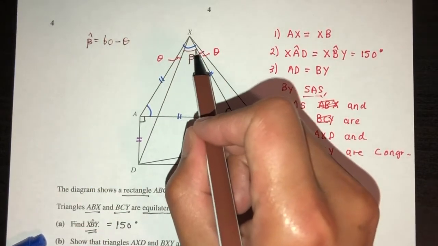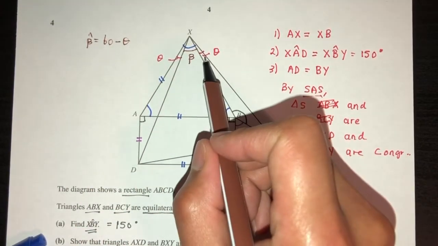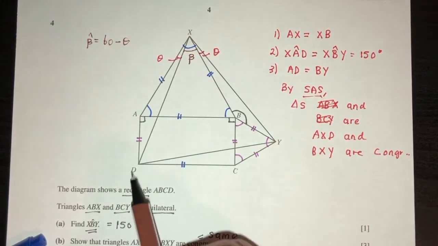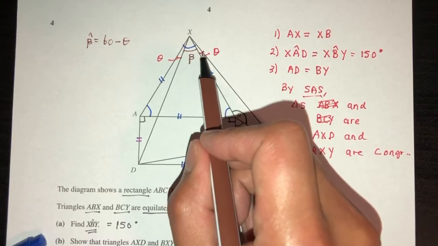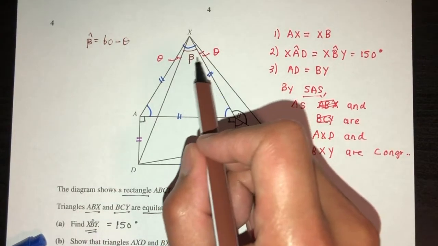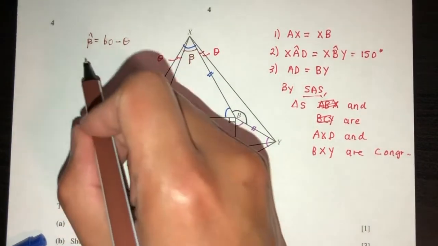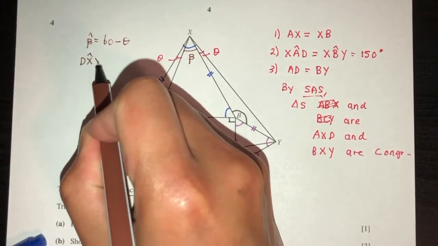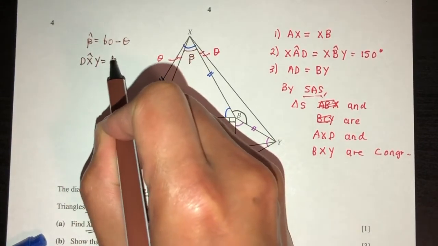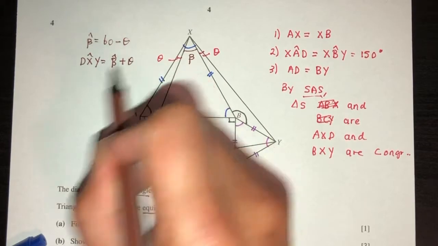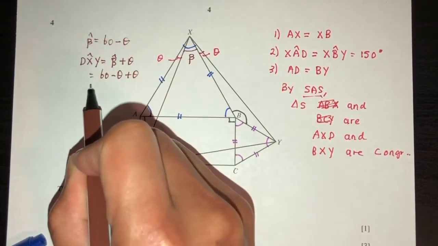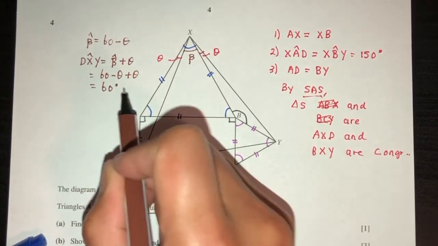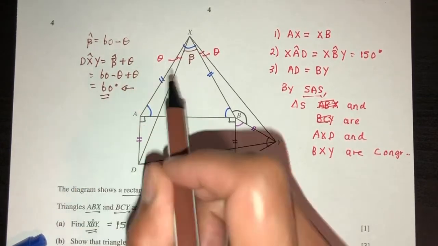Now you have to find this big angle. This one will be beta plus this red one. So this big one will be equal to angle DXY. It is beta plus theta, which is equal to 60 minus theta plus theta, equal to 60. That's how you show it is 60.